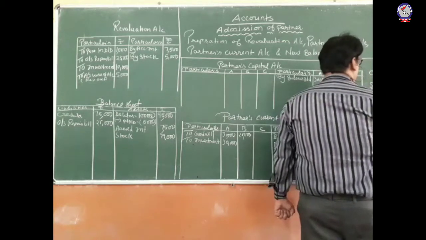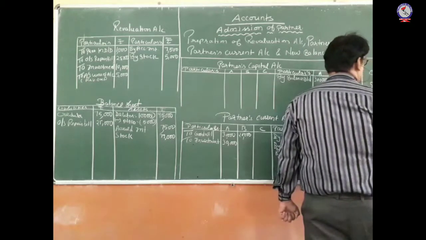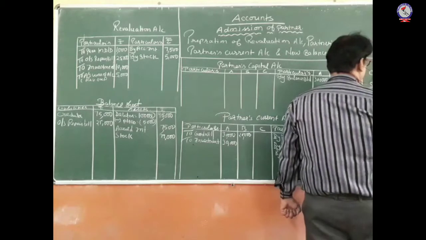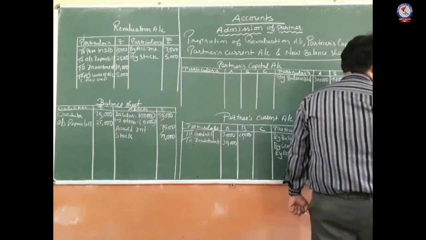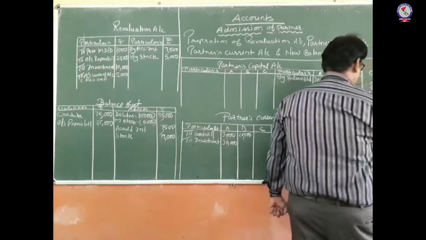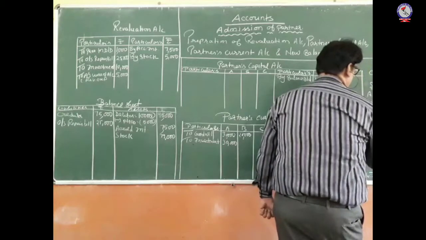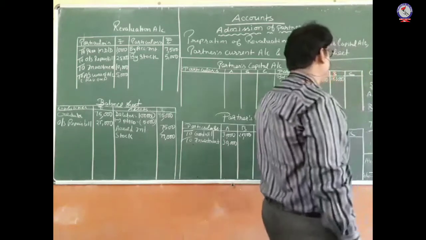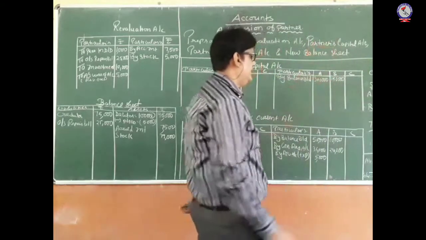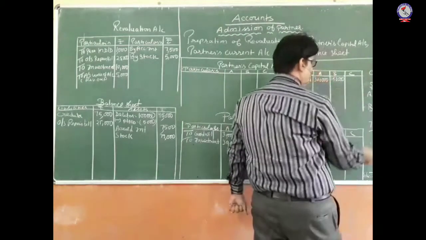And 5 9s are 45, 2 9s are 18, minus 15, it is 3/45. So it is 7:3. The sacrificing ratio is 7:3. So now this 60,000 will go in the ratio 7:3.